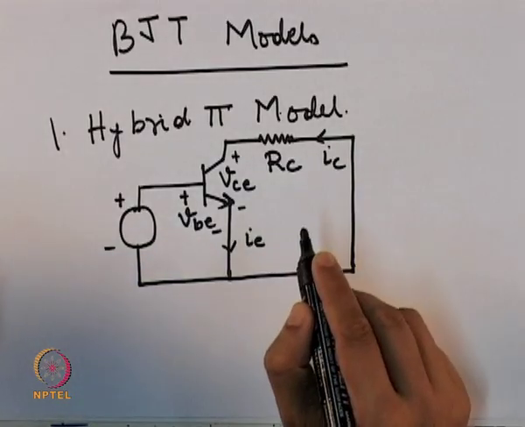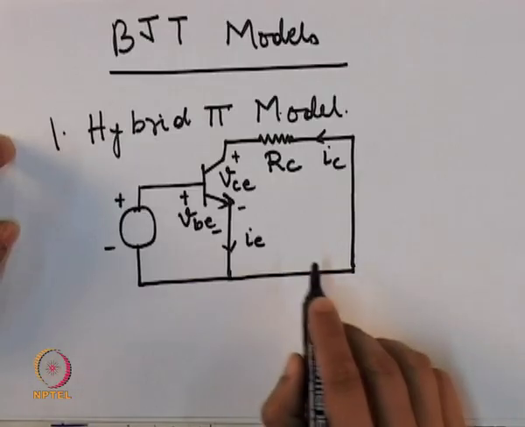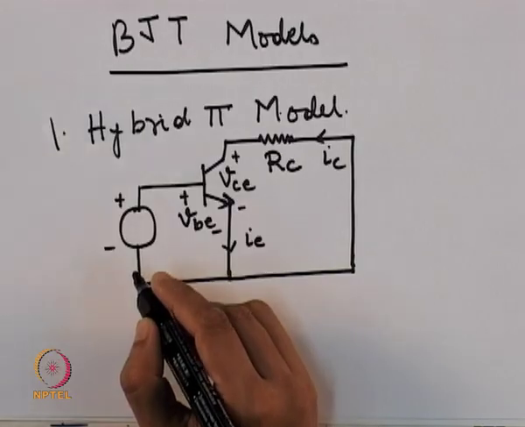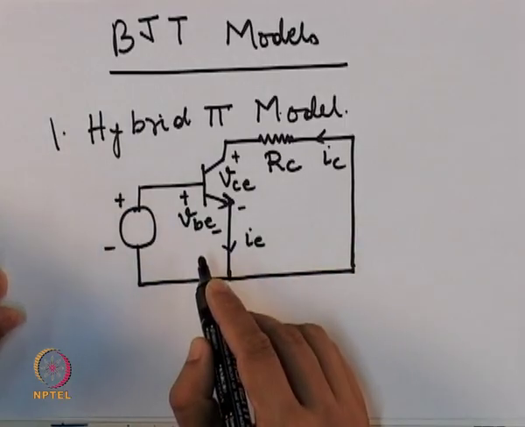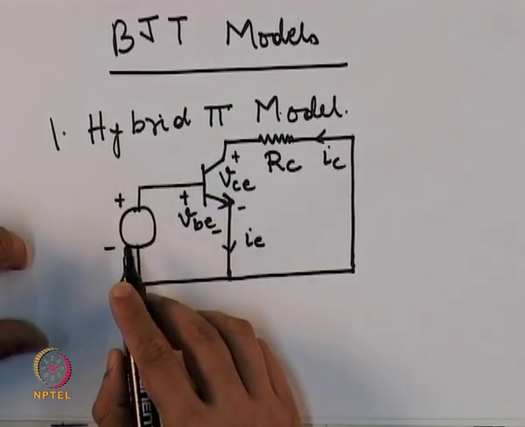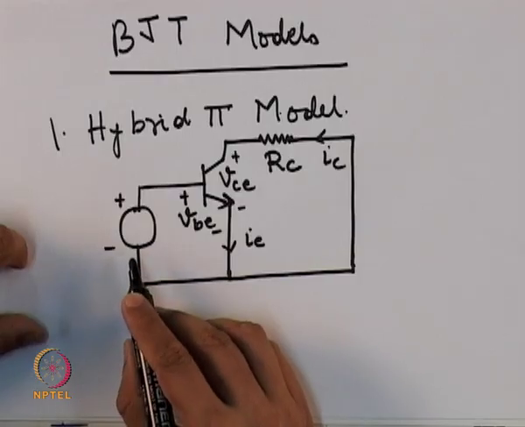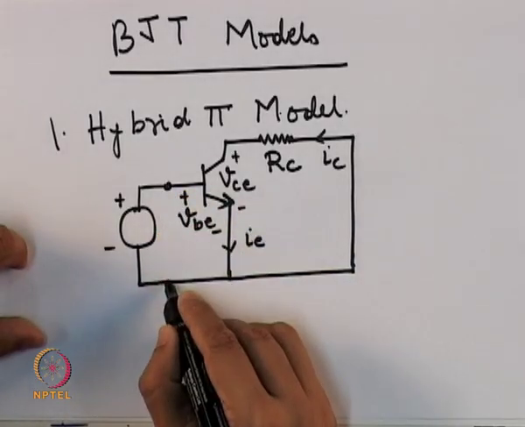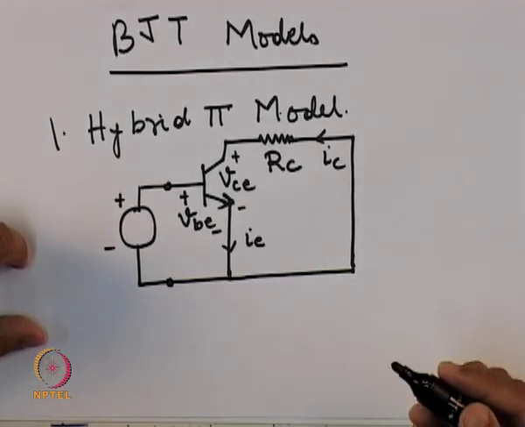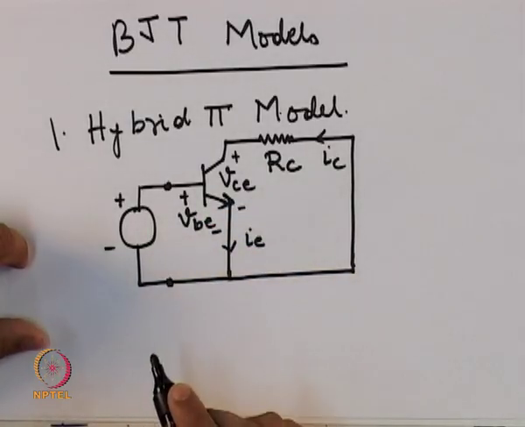Now, note in this circuit I have not added any DC sources like the VCC or VBB that I mentioned in the previous module. Instead, all the sources here are AC, or the actual signal that has to be processed by the BJT.